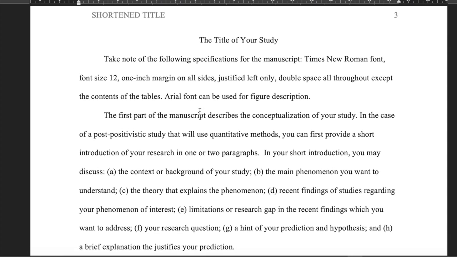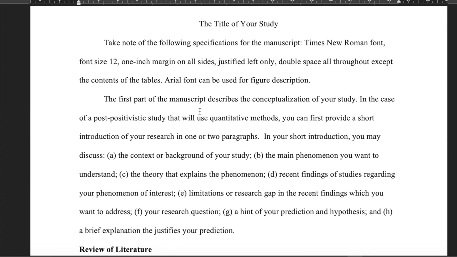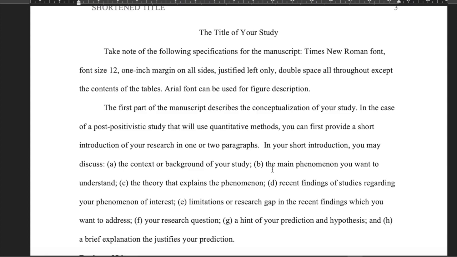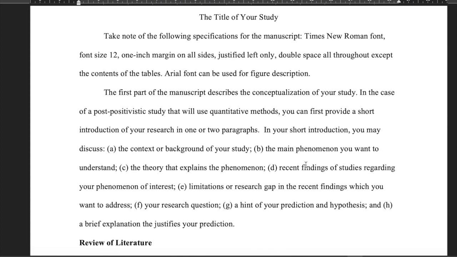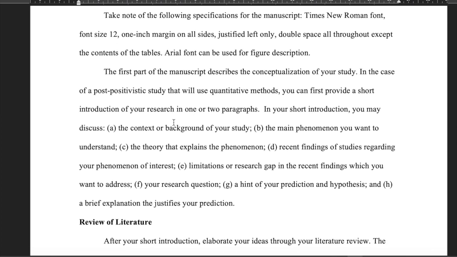One, to give you an idea of the format that I'm expecting, and second, if you read within this, there are also some instructions in terms of what I expect. We've already talked about this a while ago. This part talks about what the content is.